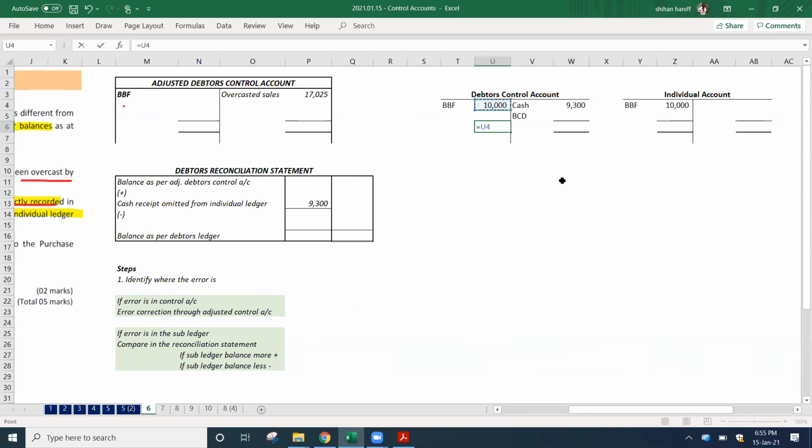Control account balance is 700. But what is the balance in the individual account? 10,000. So see the difference.